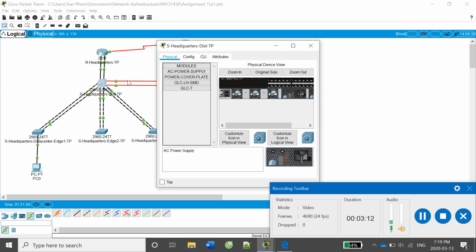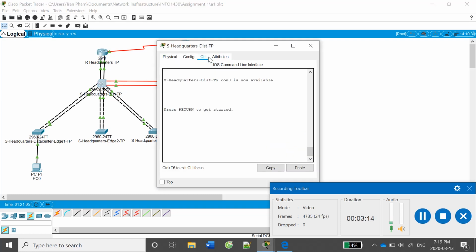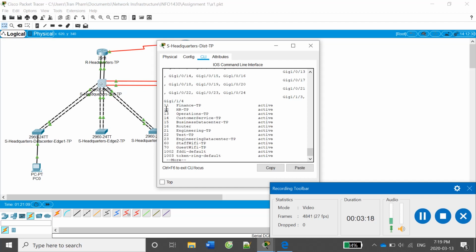Here I show you an example with show vlan. From 11 to 15 are the departments of the business headquarters building, and from 21 to 23 are the departments of the engineering and test building.